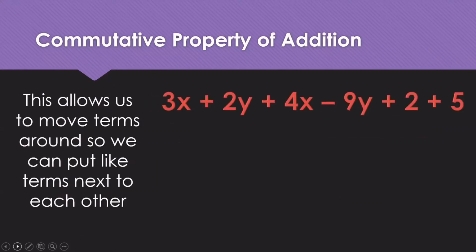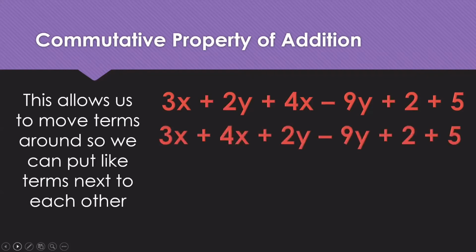Okay, so here's the commutative property in detail. Again, I can move the terms around and then put them next to each other. So a little different than the one before, but I'm going to move my 4x that I have here and my 2y. So now they're grouped together.